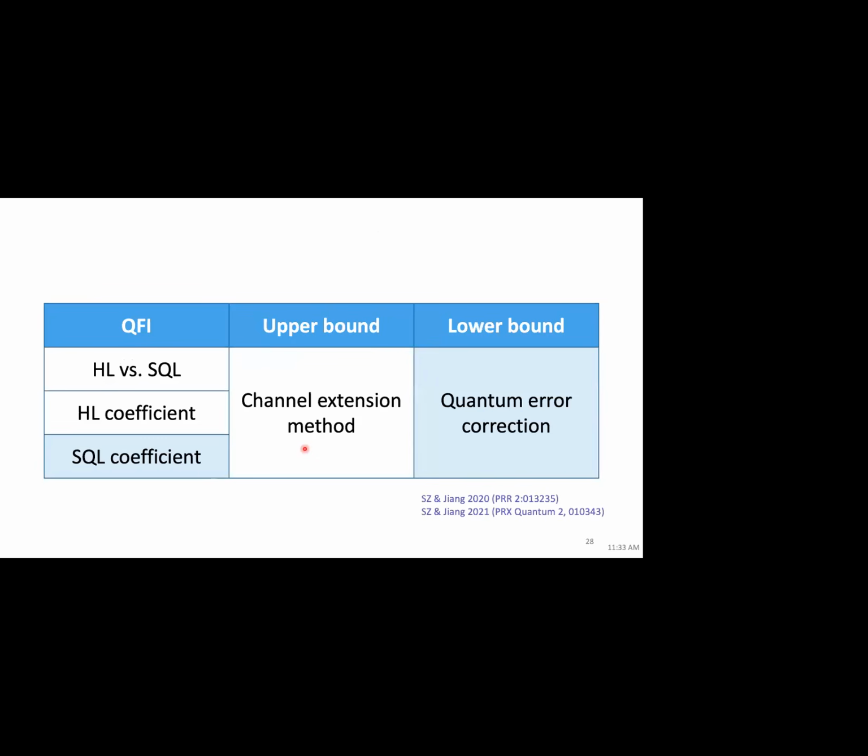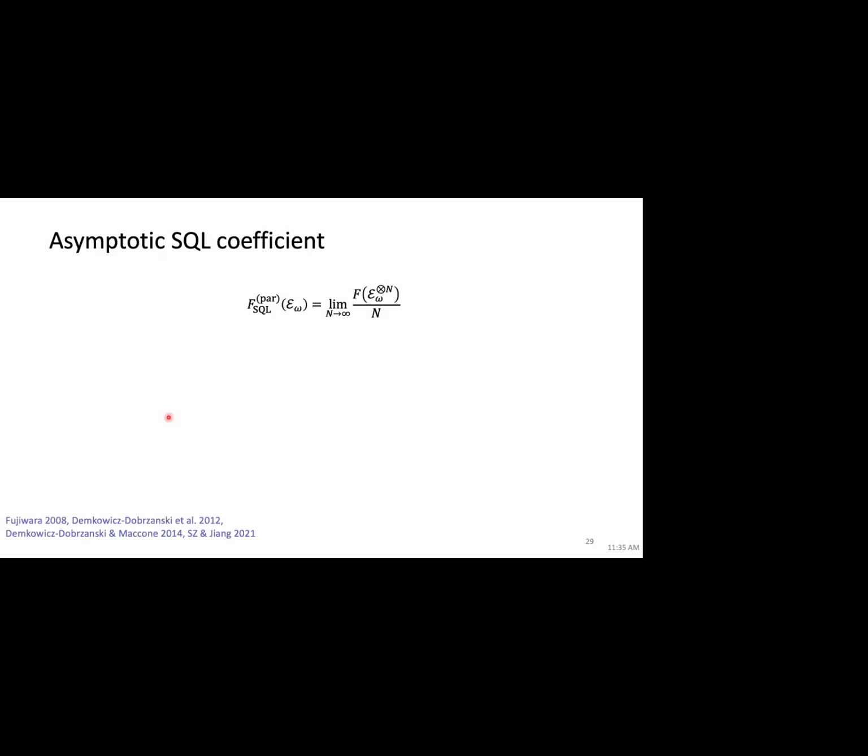Okay, now I'm going to move to how to attain the optimal SQL coefficient. That is a bit more complicated than the HL case. First, let's take a look at the conclusion.